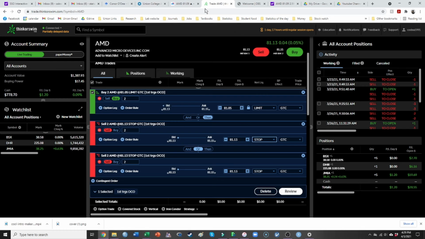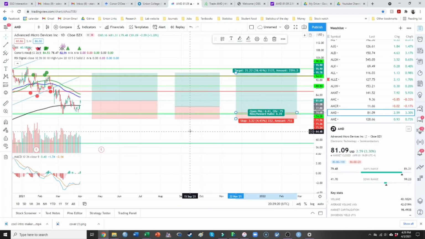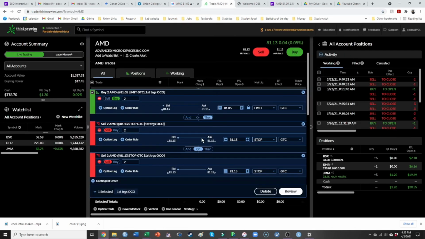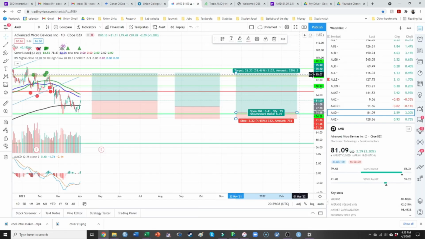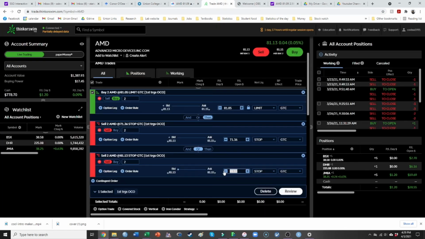So if my price drops, what did we say, to 71.36-ish? If the price drops to 71.36, then it's going to instigate a stop order. Or if the price goes up to 95.90, so I'm going to put 95.90 here. I'm going to do a limit sell.